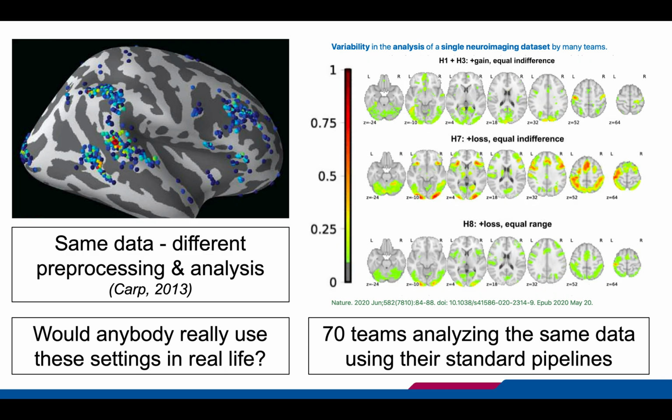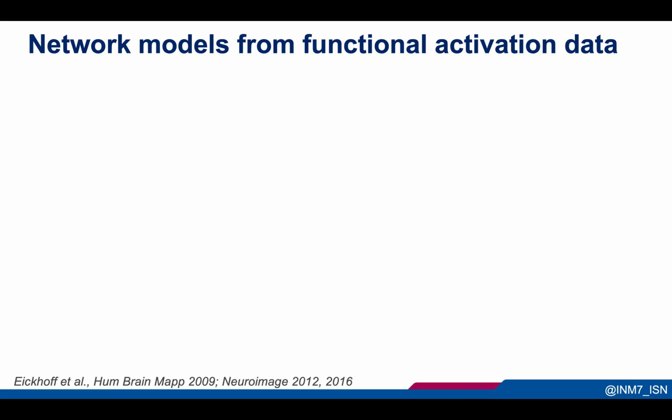And the results were honestly rather shocking, because as you can see here, for most of the hypotheses, there was quite a heterogeneity. There were some findings that were made by about a quarter of the groups, some that were made by maybe half, 2/3 of them, and only very few hypotheses were actually answered in the same way, like completely congruent across the different analysis teams. So where does it leave us?